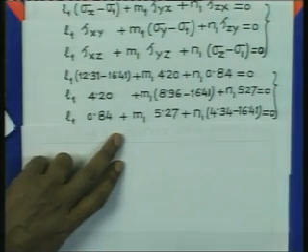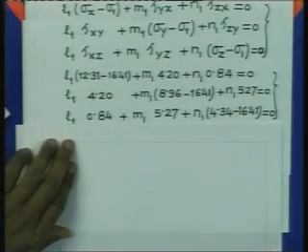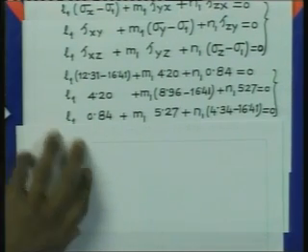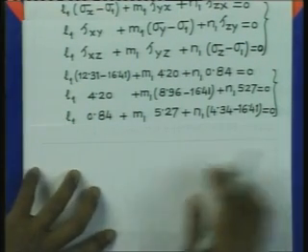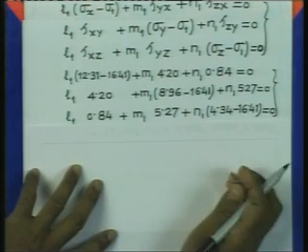So, these three equations are the equations to solve for the constants L1, m1 and n1. Now, it is important to note that the three direction cosines are going to satisfy the equation L1 square plus m1 square plus n1 square equal to 1.